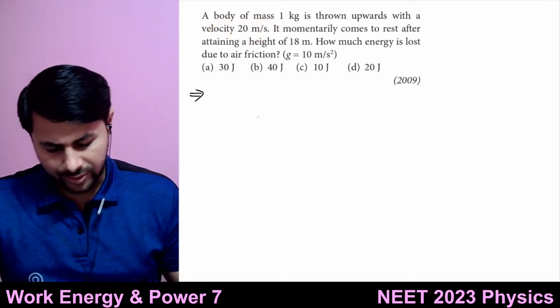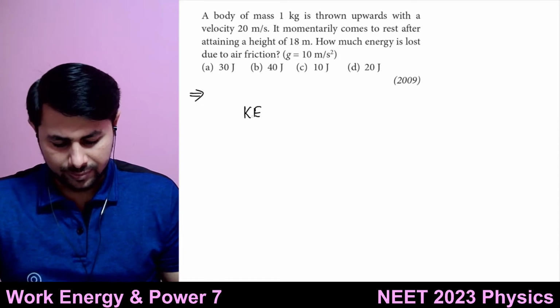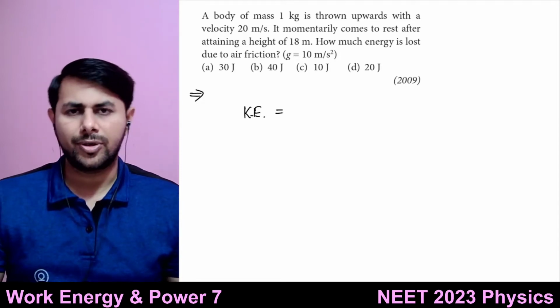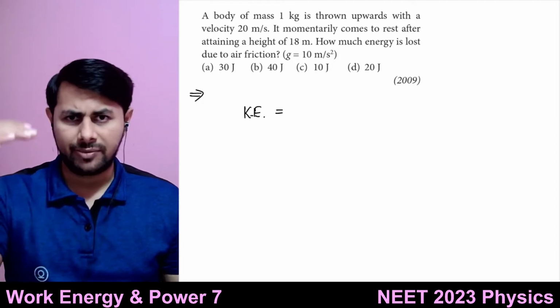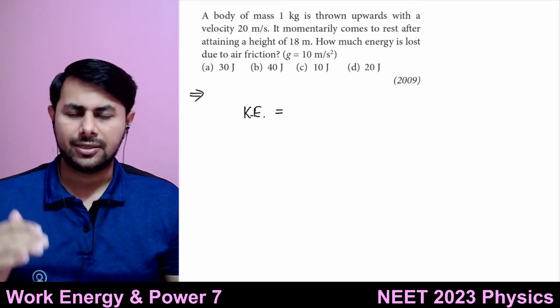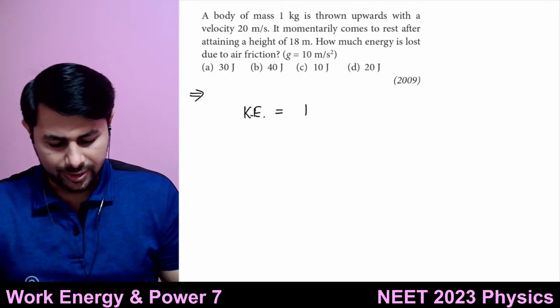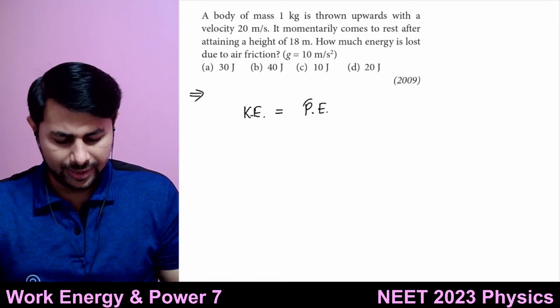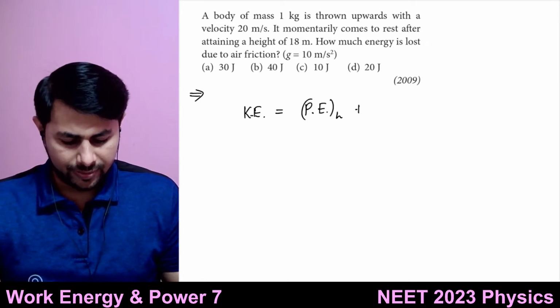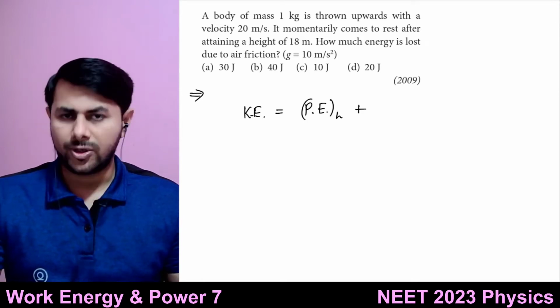So its kinetic energy gets converted to what? Potential energy. When it attains some height, the kinetic energy gets converted to potential energy. So PE at height h, you can say, plus there is some loss.